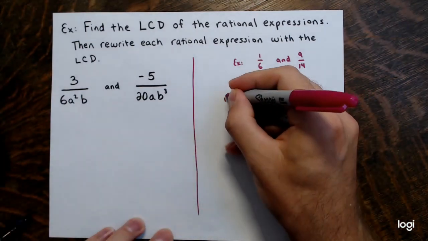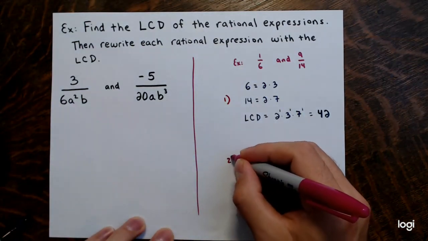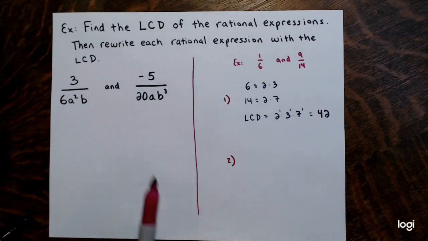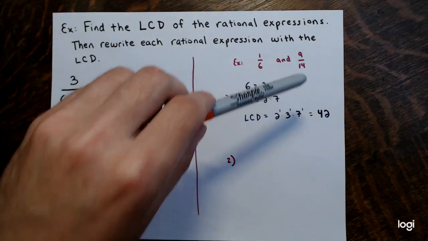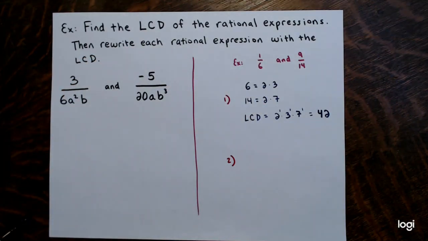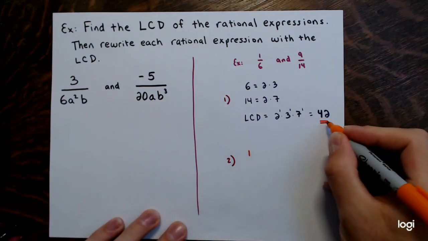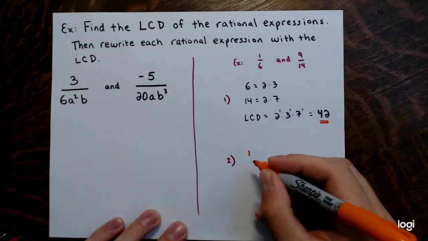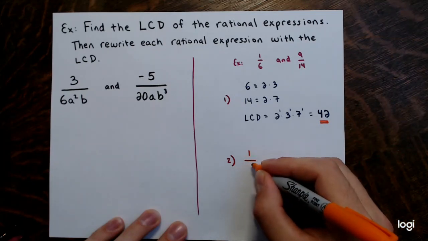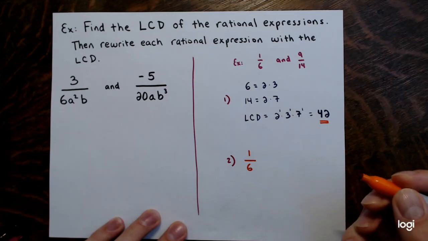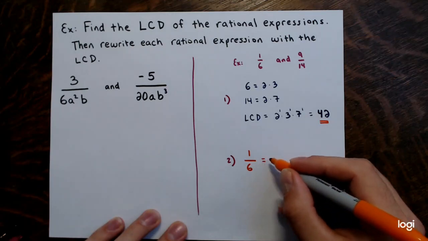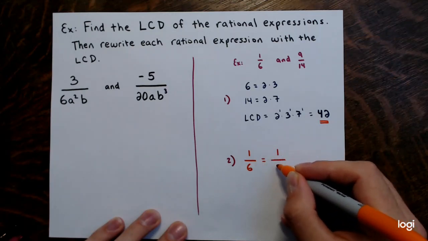Then part 2 of this instruction is to rewrite these fractions as equivalent fractions with this 42, the LCD, as the denominator. So 1/6. This is 1 over 2 times 3.